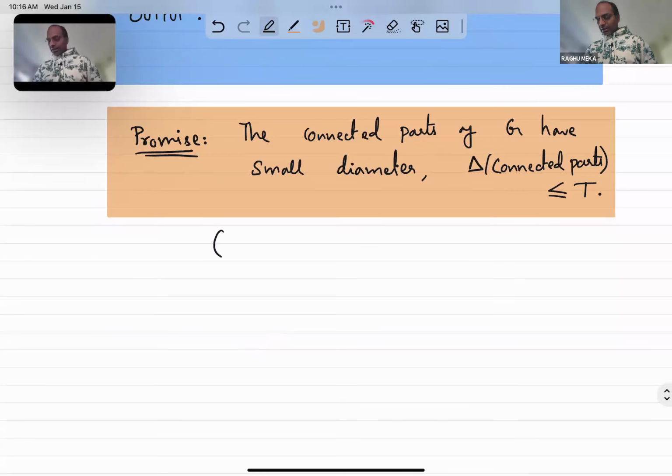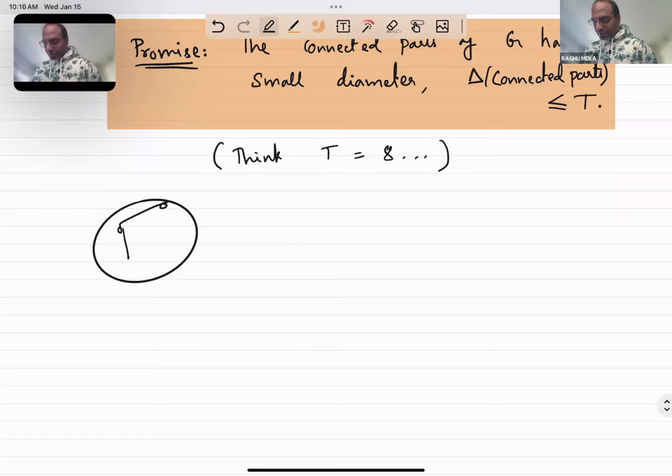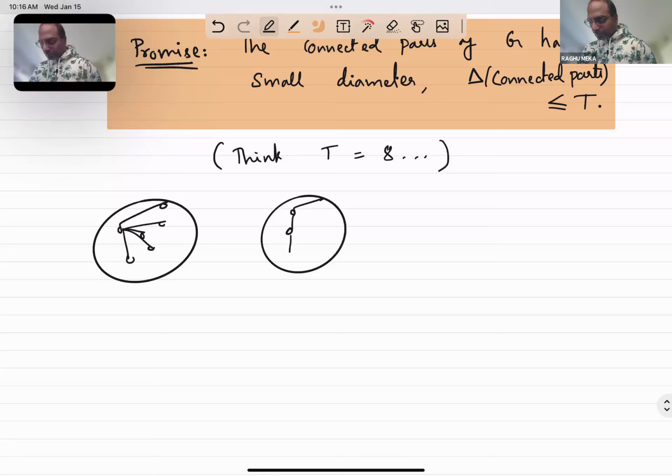You know, even think T is like 8 for now. Okay, so in some sense, I'm telling you the graph is basically pieces like this.